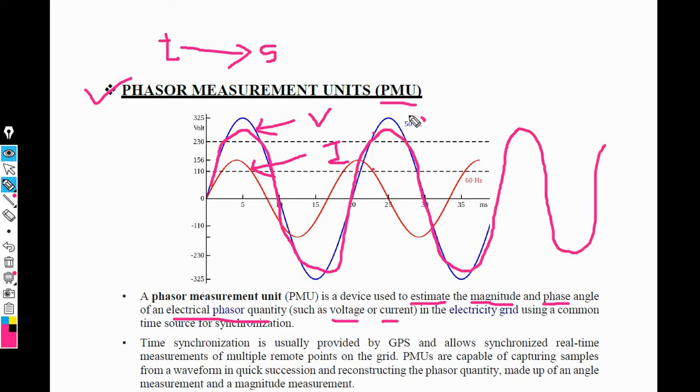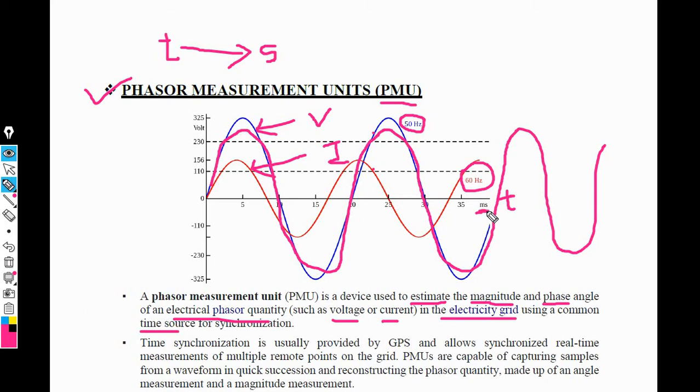For voltage we require 50 Hz frequency, and for current we require 60 Hz, because in a phasor measurement unit we need voltage and current for the electricity grid. We also require a time source, that is time measured in milliseconds.